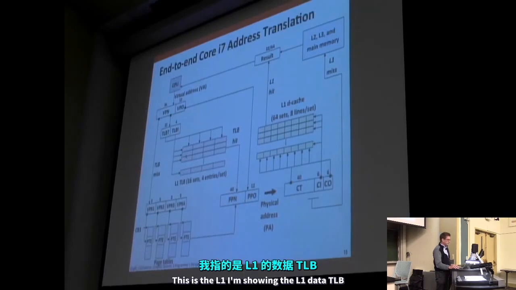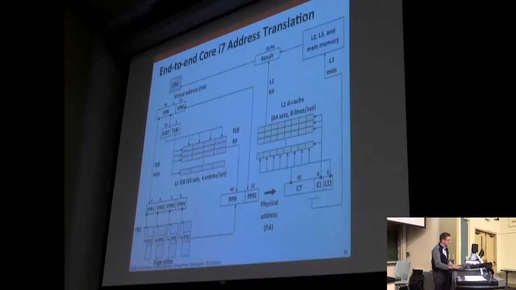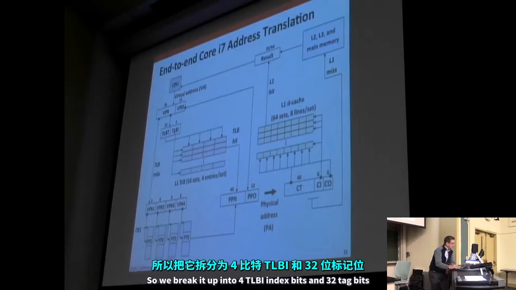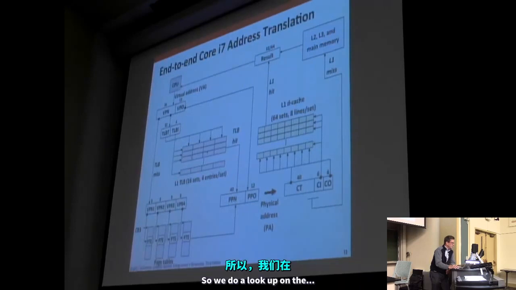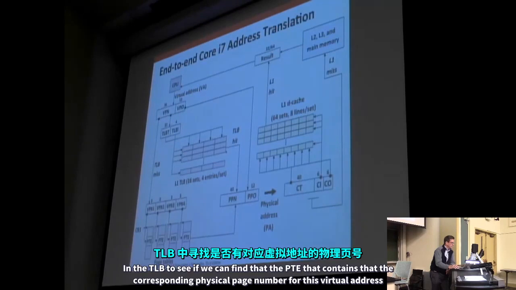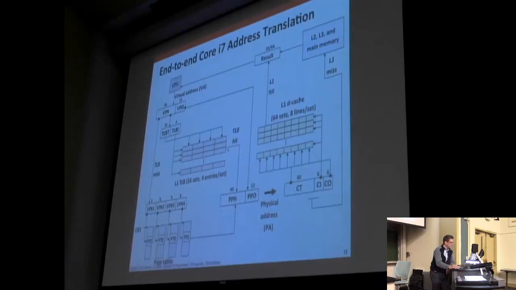This is the L1, I'm showing the L1 data TLB. So we break it up into 4 TLBI index bits and 32 tag bits. So we do a lookup in the TLB to see if we can find the PTE that contains the corresponding physical page number for this virtual address.